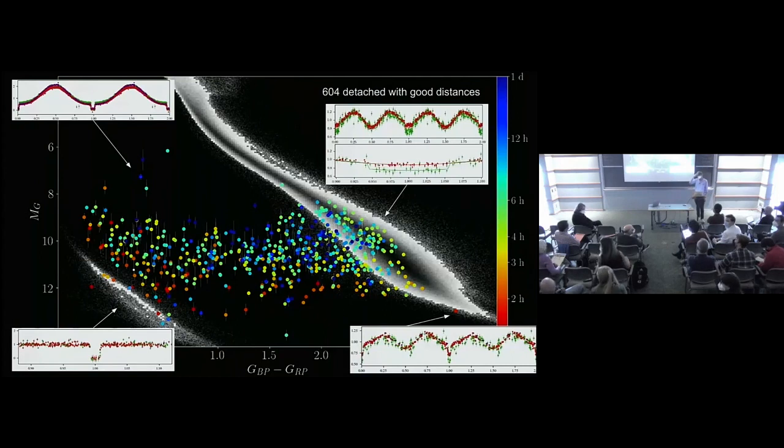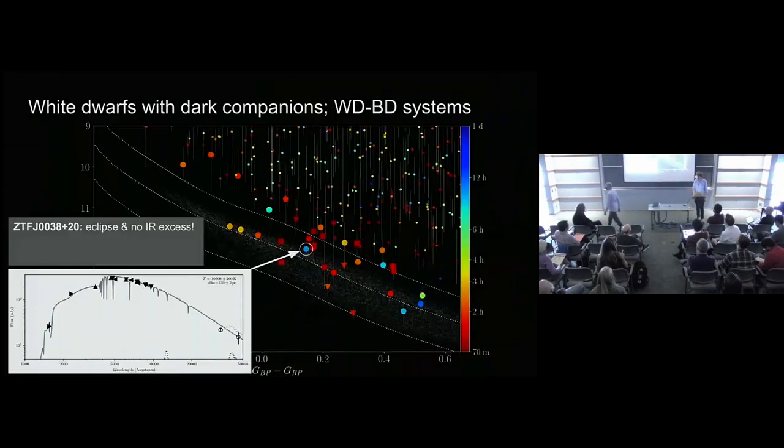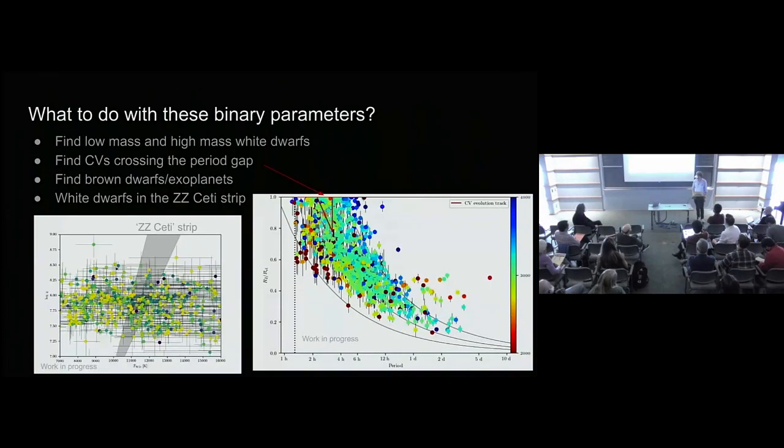Hi, it's really interesting, the work you're doing. Actually, if you can come back to the ZZ Ceti thing you showed. That one. Unfortunately, I cannot see the numbers, but the ZZ Ceti instability strip is not very well populated below 0.4 solar masses or so, and I don't know if that is a selection effect or there are actually no pulsating white dwarfs there.